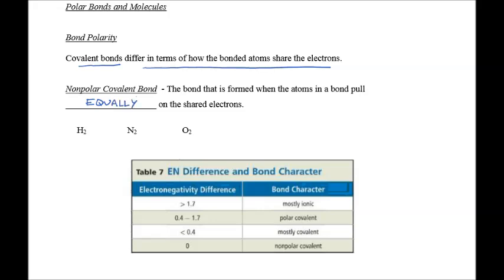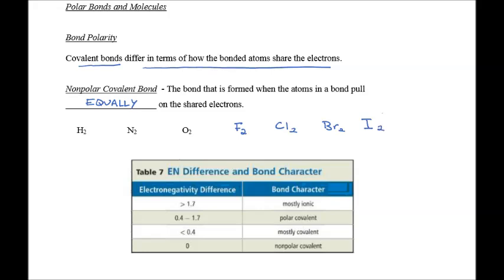This is the 7H club. Hydrogen, nitrogen, oxygen, fluorine, chlorine, bromine, and then the seventh one is iodine.